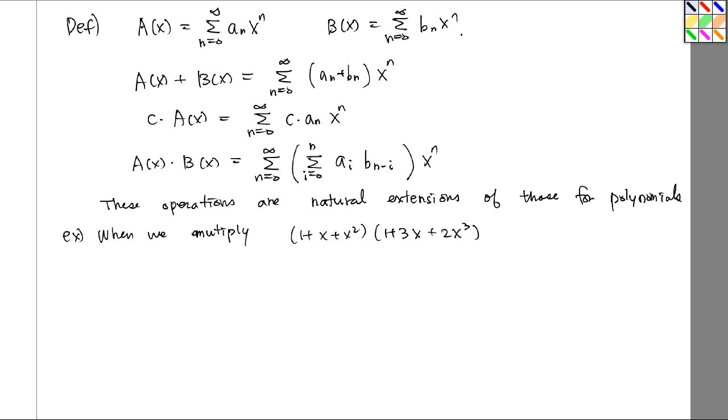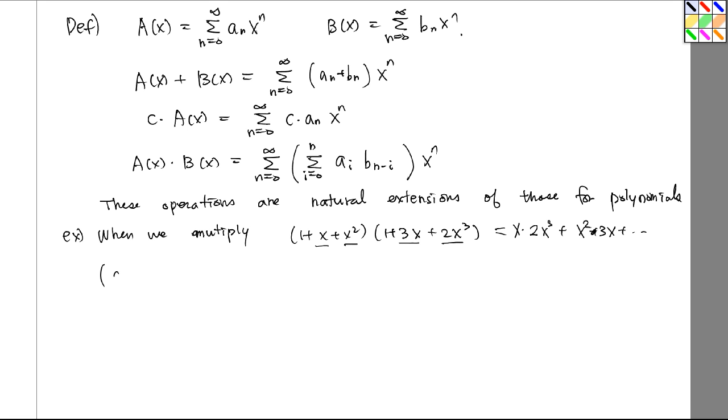When we multiply these two, we choose one term in each factor and then multiply them. And this will give us one term here, 2 times x times 2x cubed. And then you take another way of multiplying them, x squared plus 3x, and then you consider all of this. Here is multiplication, and then that will be the result. And for polynomials it's the same.